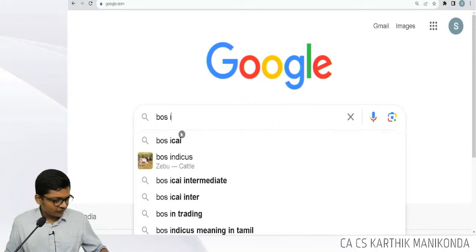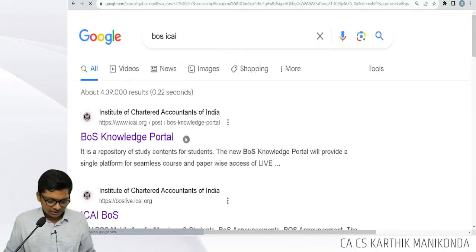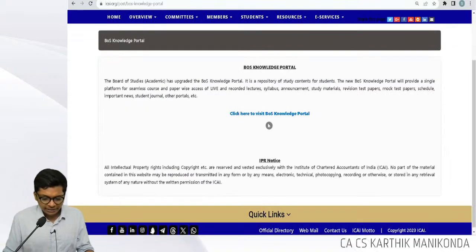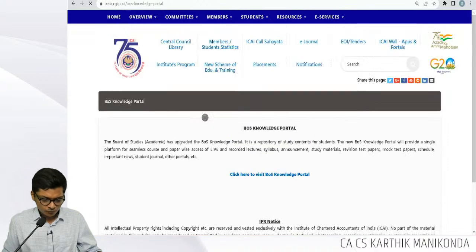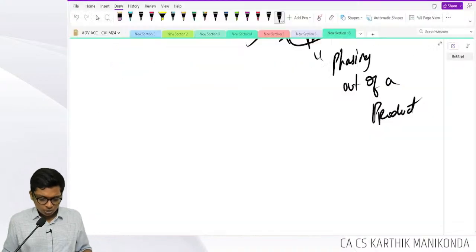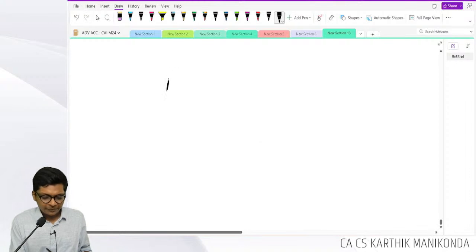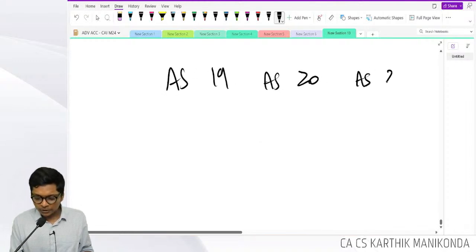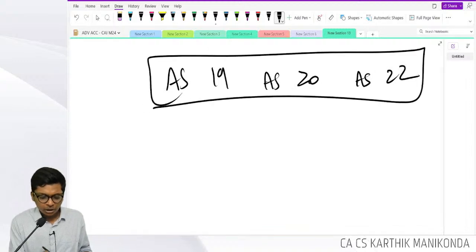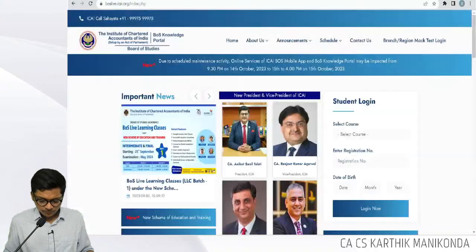In 2 hours, we have finished all the standards. Let's quickly go see all the RTPs that we have. So what we have left now is basically only AS19, AS20, AS22. Of course, I will spend at least 30 to 40 minutes on these standards with the sums.